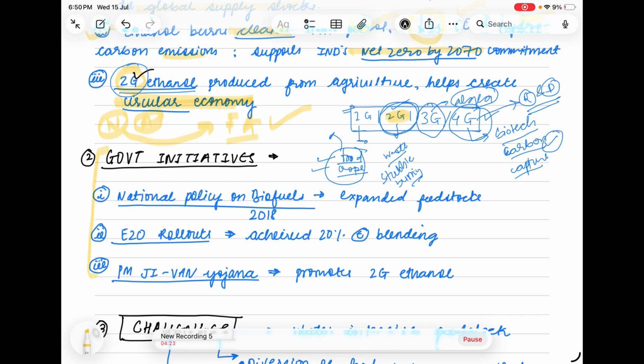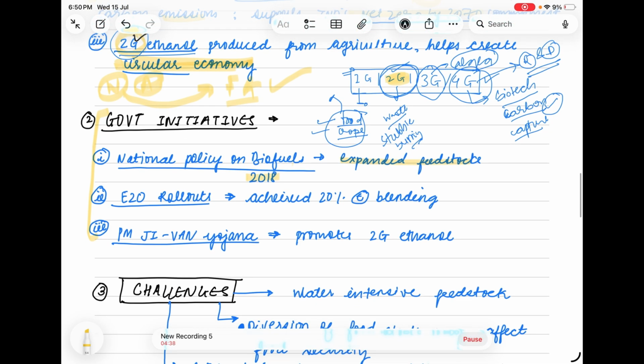It also supports India's net zero by 2070 commitments. This 2G ethanol produced from agriculture helps create a circular economy, because the agricultural waste is used in fuel generation.